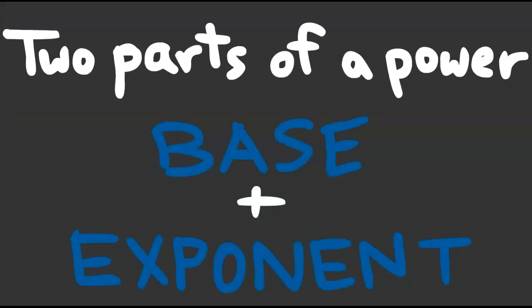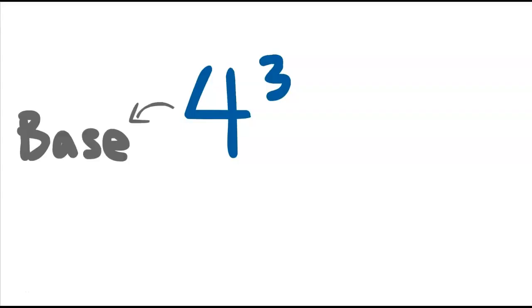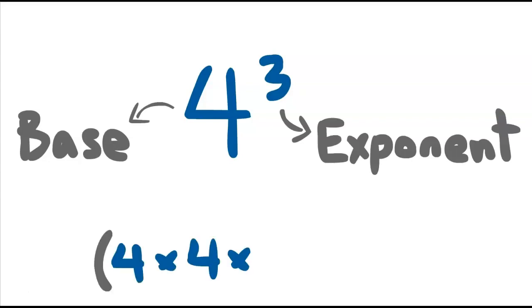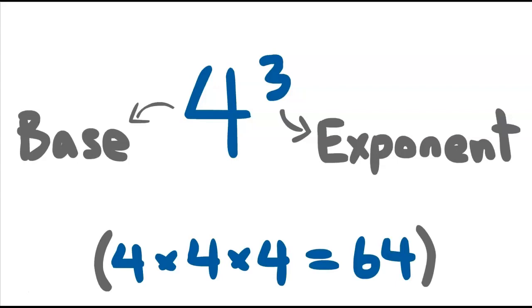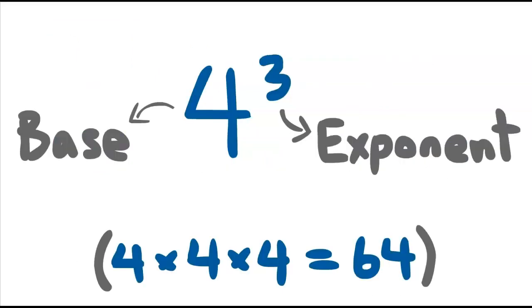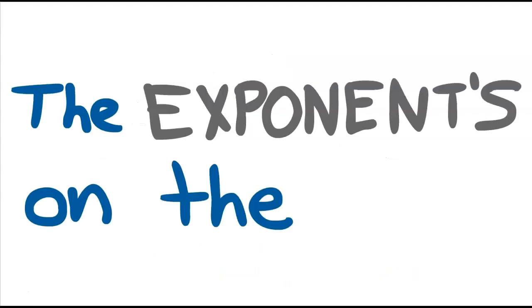There's 2 parts of a power, a base and an exponent. The base is on the bottom, it's the number being multiplied. The exponent's on the top, it tells you how many times the base is multiplied by. Where's the base? The base is on the bottom. Where's the exponent? The exponent's on the top.